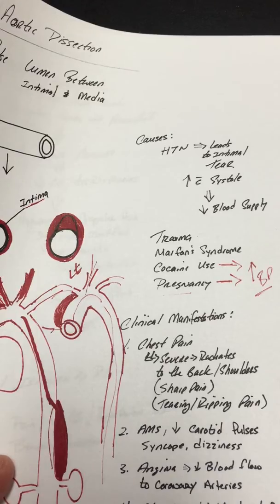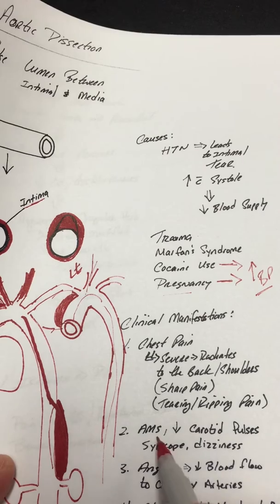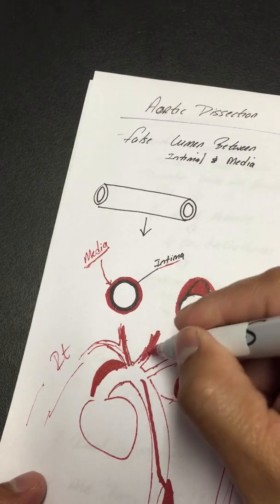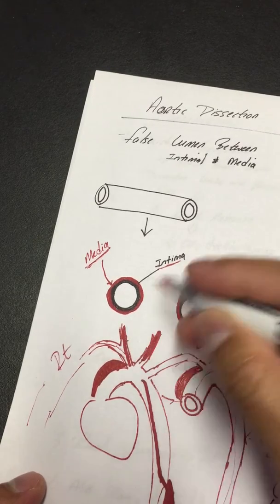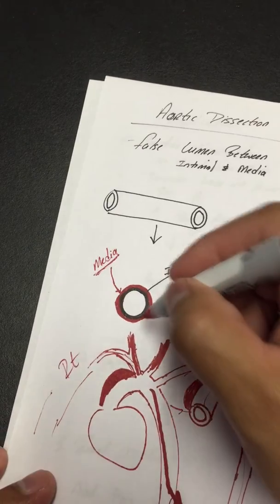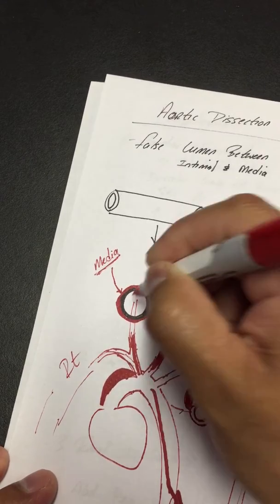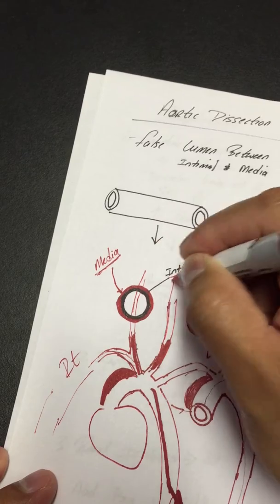Number two, on our clinical manifestations, signs and symptoms, altered mental status. Again, if it is in the ascending portion, we just talked about the blood supply to the carotid arteries. It's going to lead into your brain.